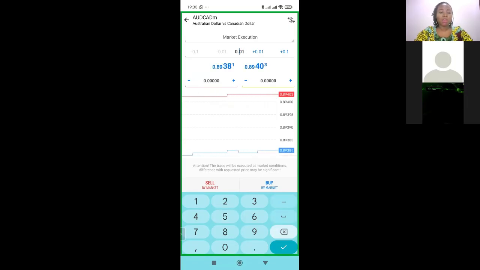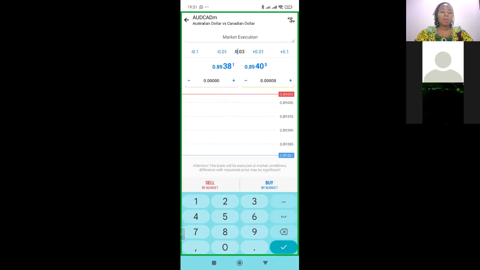That's one way. The other way is that it is on default of 0.01 or the last lot size that you took. So on 0.01, let's say I want to do 0.05, I click on the plus 0.01 and I can add to the one I want. Then if I look at it and say, no, maybe I want to take 0.03, I can look at the minus 0.01 on the left, click it, reduce it until it gets to 0.03.